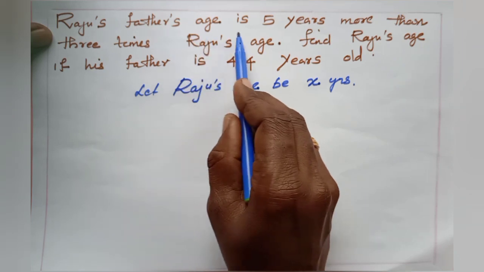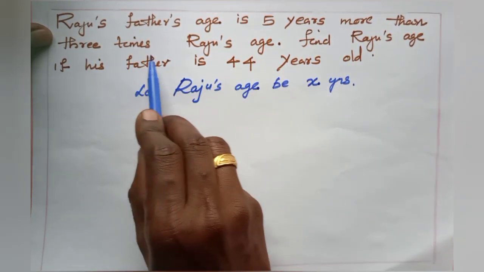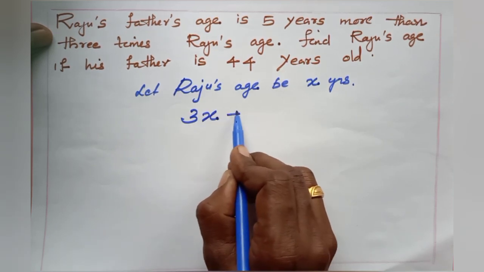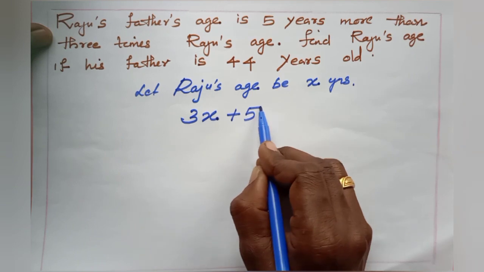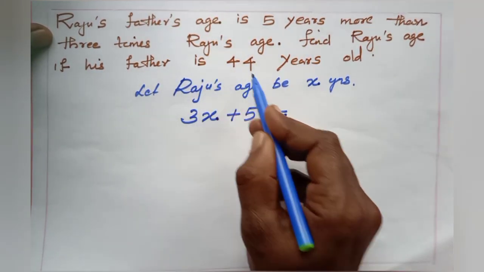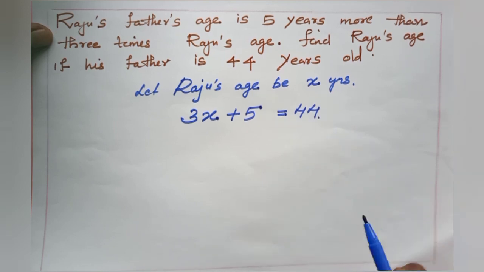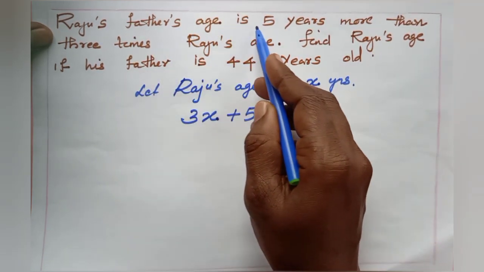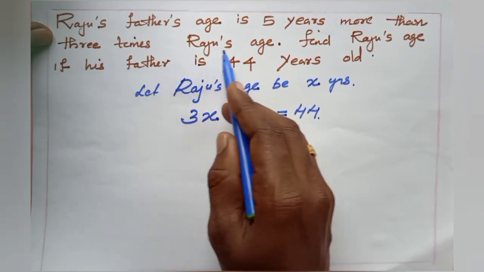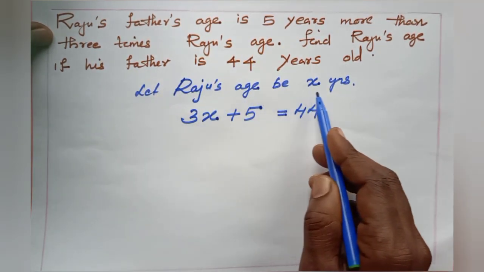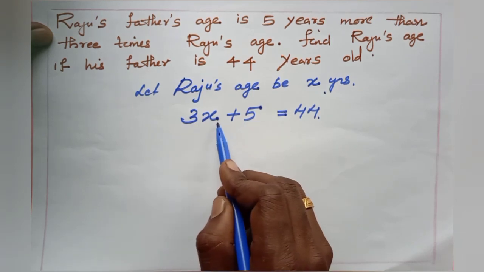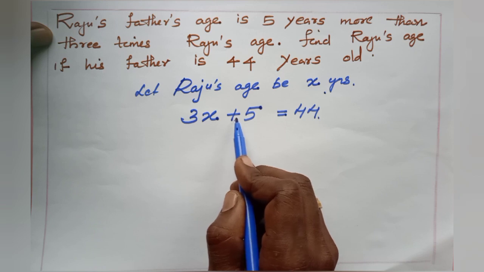Then Raju's father's age is 5 years more than 3 times Raju's age. So father's age is 3 times Raju's age, 3x, plus 5 years more. Father's age equals 44. So 3x plus 5 equals 44. Okay, understood all of you?